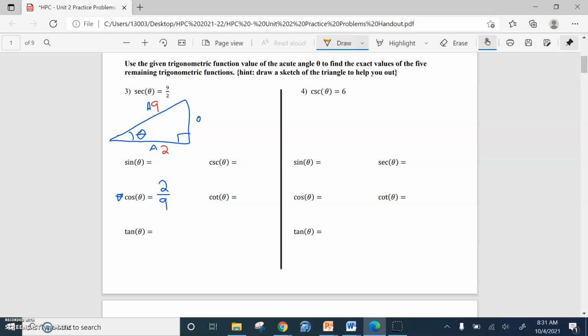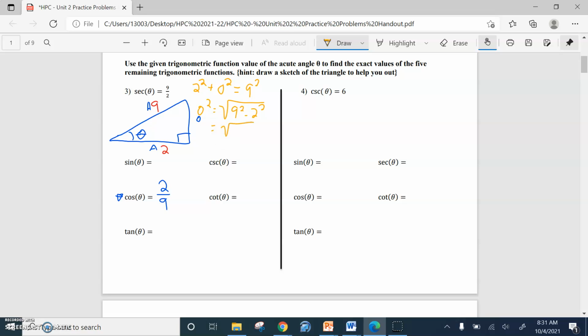So we have 2 squared plus opposite squared, not 0. That's really poor. It's no wonder they don't use O for variables very often. It looks like a 0. I'm sorry. That equals 9 squared. So that O squared is equal to the square root of 9 squared minus 2 squared.